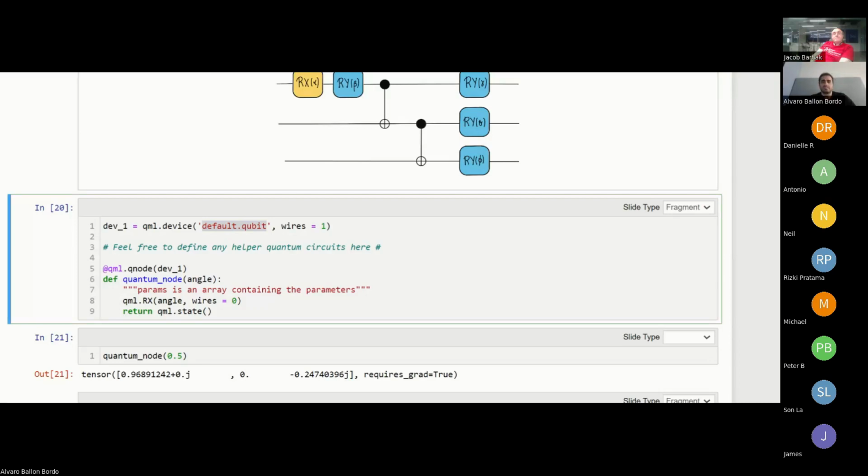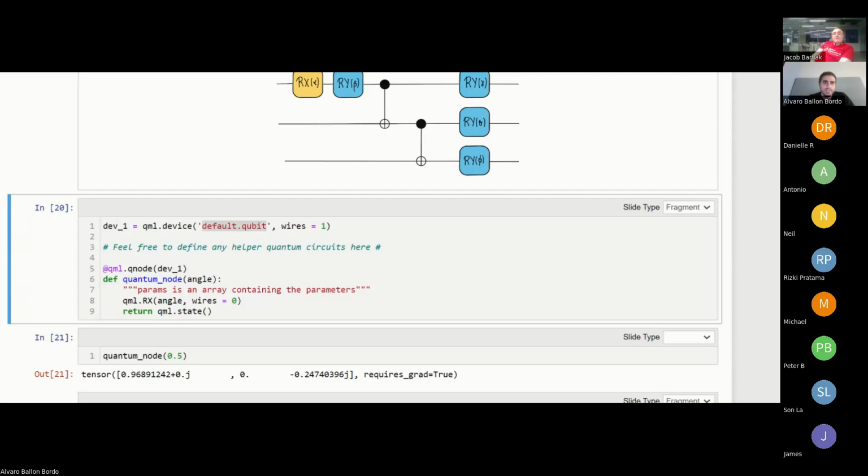I can send the plugins page too. If you change how you define the device, you will actually run it on a real quantum computer.